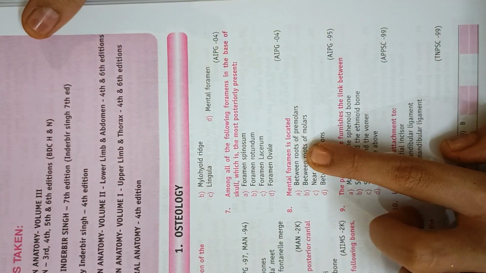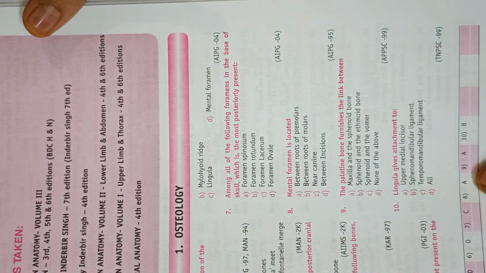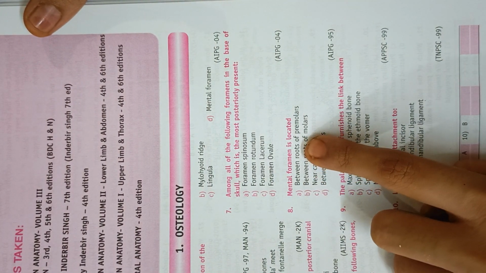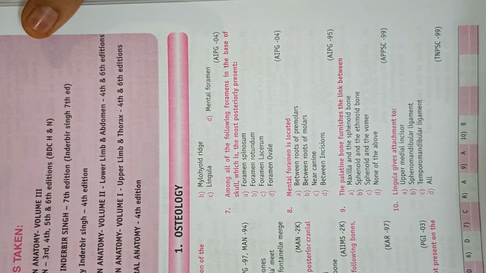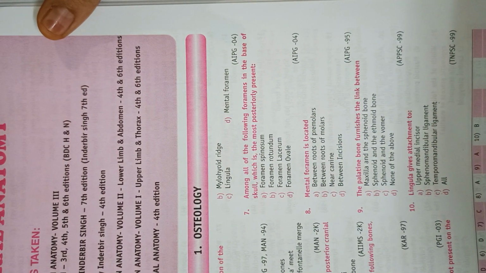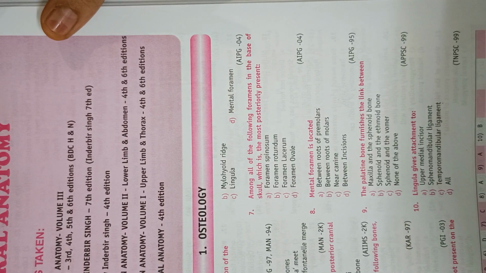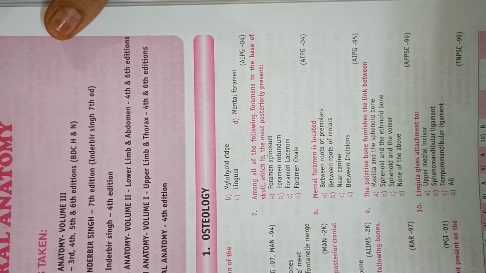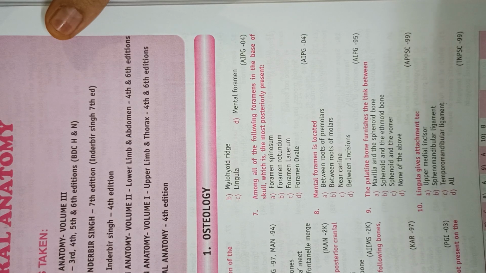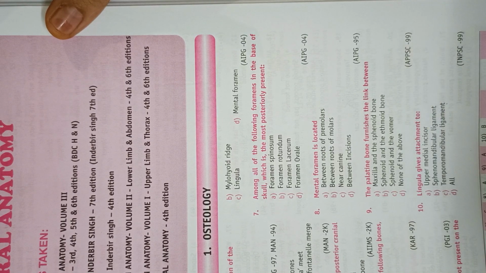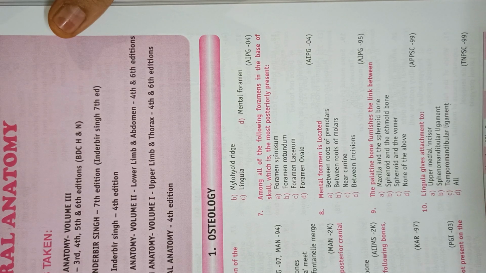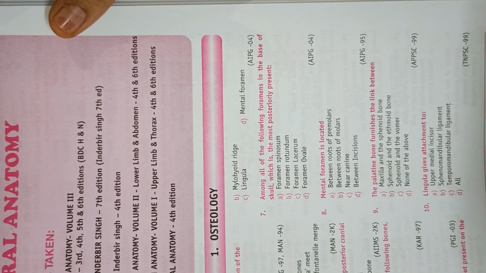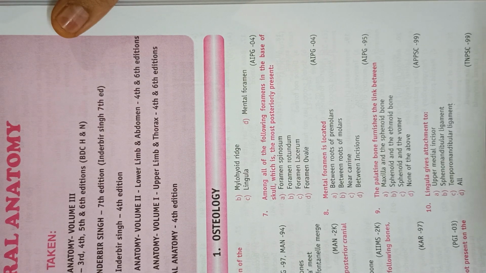Mental foramen is located between the roots of the premolar, between roots of the molar, near canine and between incisor. So the correct answer is between roots of the premolar, as we all know. The palatine bone furnishes the link between maxilla and the sphenoid bone, sphenoid and ethmoid bone, sphenoid and vomer, and none of the above.